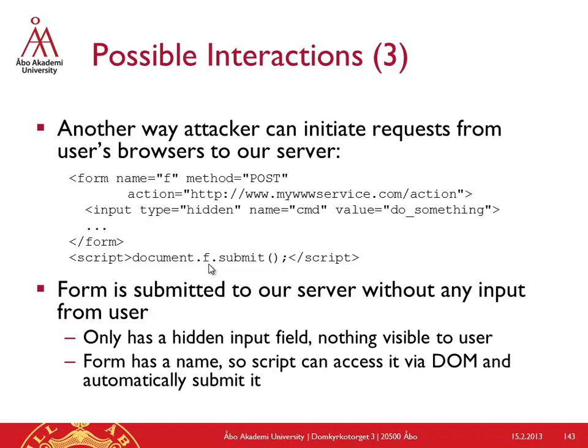The user will not even be able to see this form on the screen because this form doesn't contain any visible elements, and this request will be submitted automatically once the page is loaded because of this JavaScript. But the problem is, the request will go to our page and it will go from the context of another one, a malicious one.